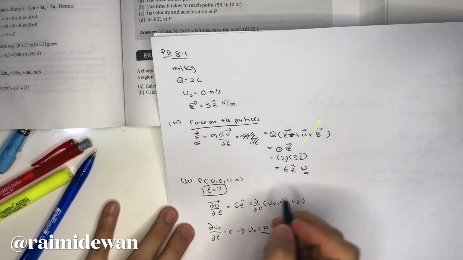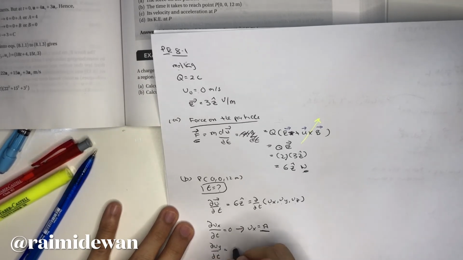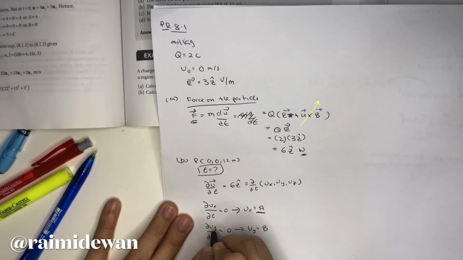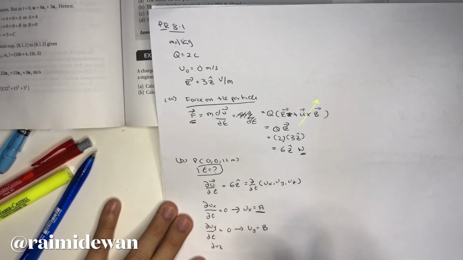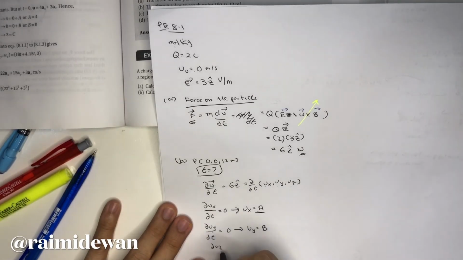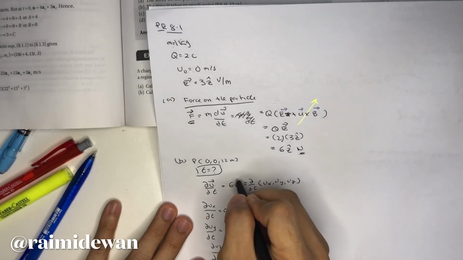Then you differentiate du y over dt. Again you make it 0. Then you will get a constant of uy, b. Then for duz, we might have terms of x or y or z inside. So for duz dt, it's non-zero, because we have 6z here.